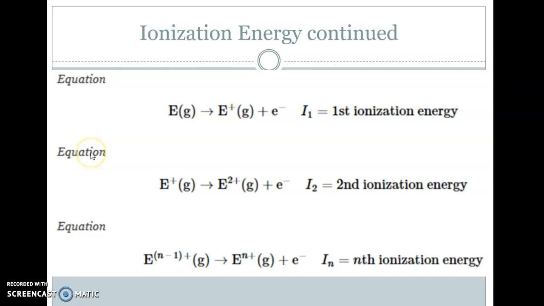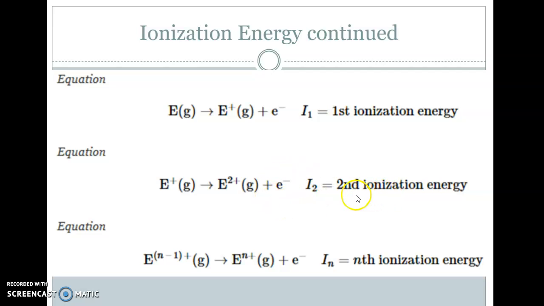The second ionization would be removing the next electron, which means we actually start with an ion. We start with what we ended up with as a product from the first ionization. So now this element that has a +1 charge is going to lose the next electron. So we now will end up with a +2 charge for that element and remove that next electron.